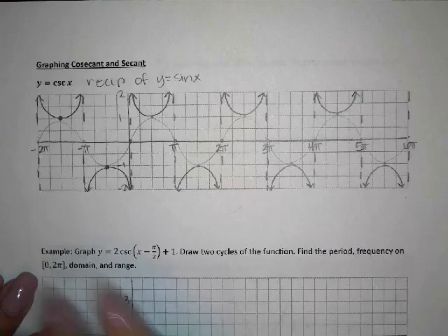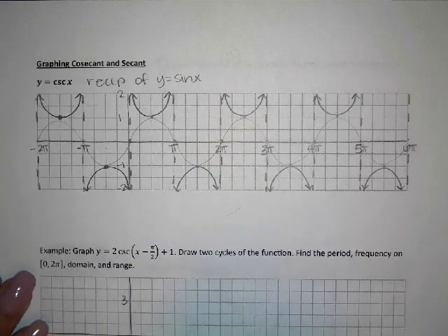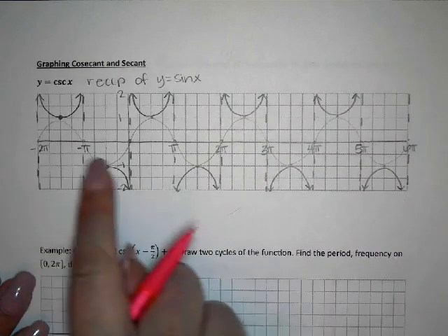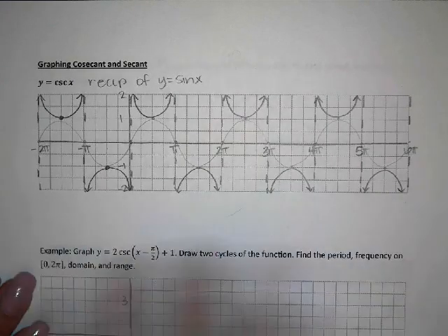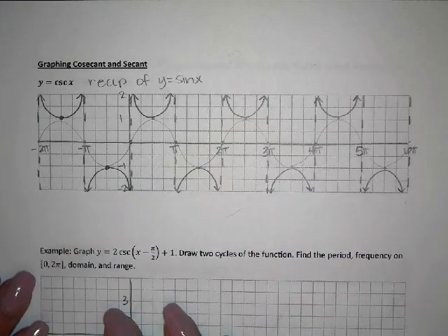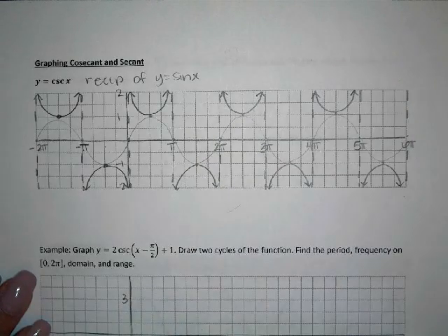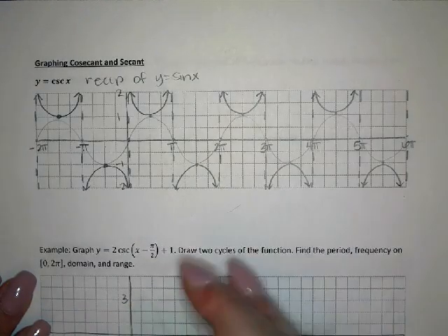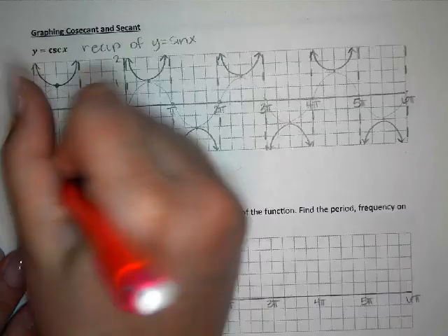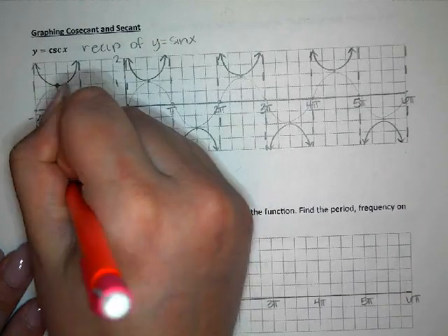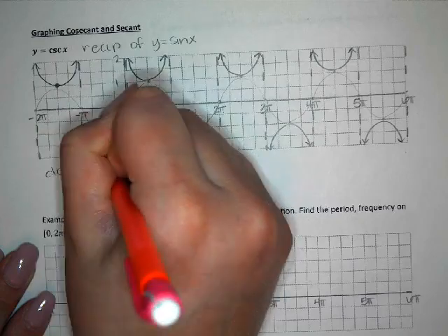Okay? So here, we can find the domain. The domain is going to be all real numbers, but x cannot be 0 plus, and then every pi, we have to skip the vertical asymptotes.